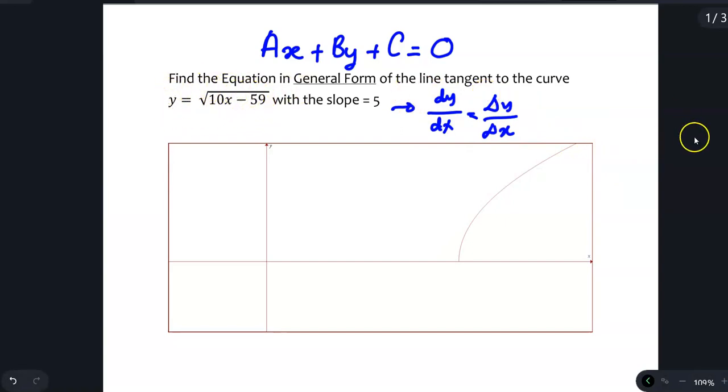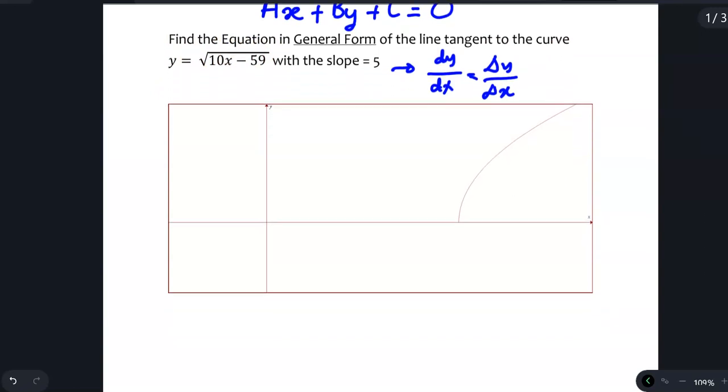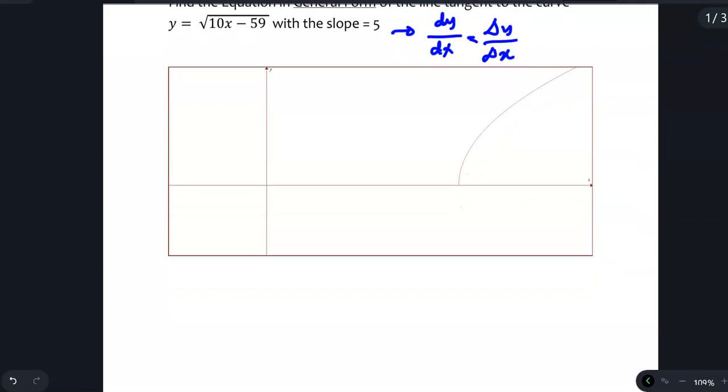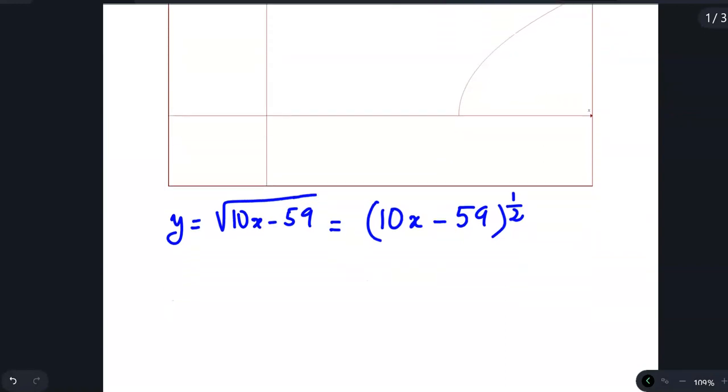Okay, so I will start off by finding the derivative of y equal to the square root of 10x minus 59. So I will convert this into the exponential form. A square root will convert to the exponent a half.